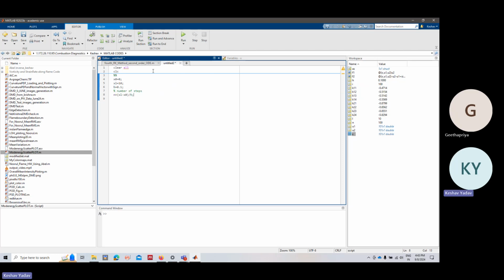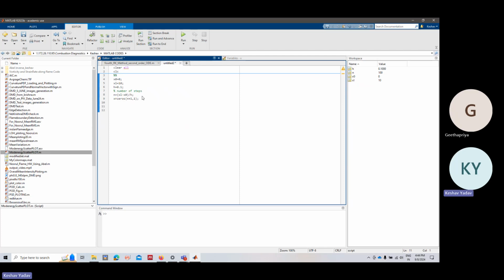I just want to calculate it to check whether everything is going well. So 100 came, everything is good. Now I will define my x. X will be equal to zeros of, what will be the number of elements? The number of elements will be n plus 1. If there are n steps, the number of grid points will be n plus 1. So this is my x.